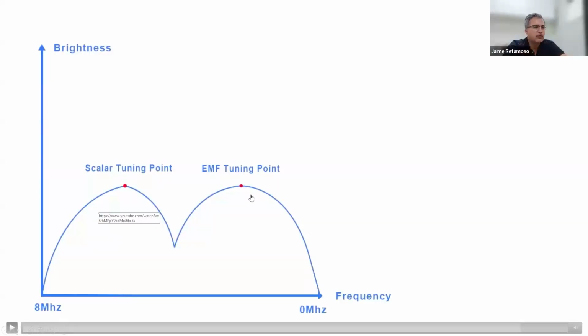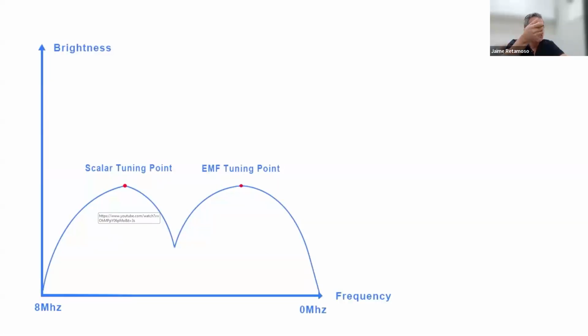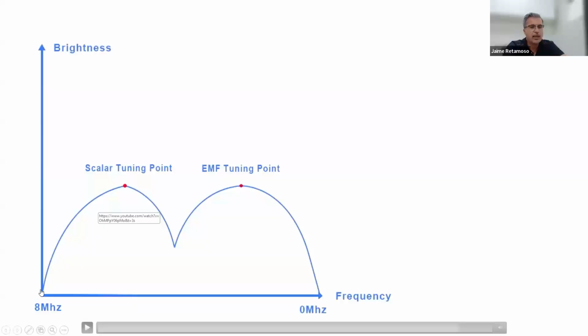So I do this just for testing. I turn it on, I pass the first brightness peak, okay? And then I continue and I reach the second brightness peak. So I know I have the two connections, all right? So I turn it off again and I turn it on. It will set it back to 8 megahertz again.